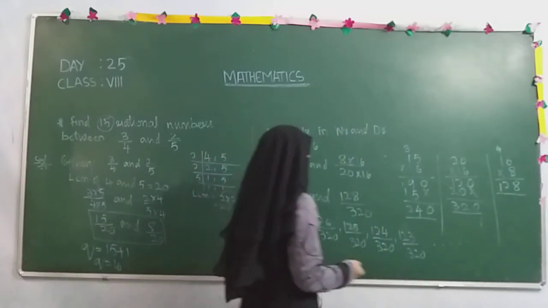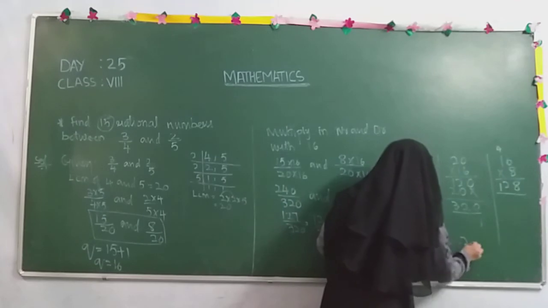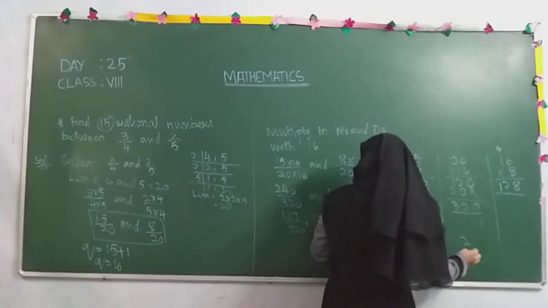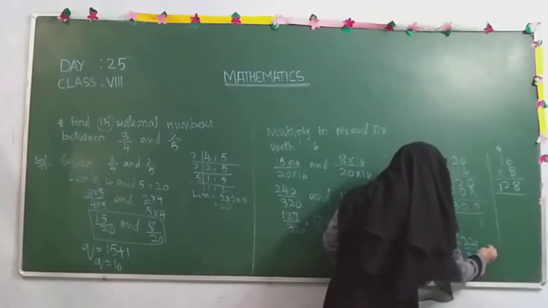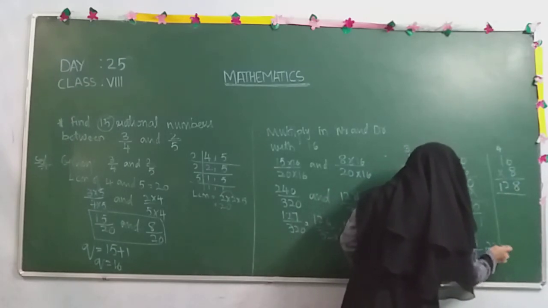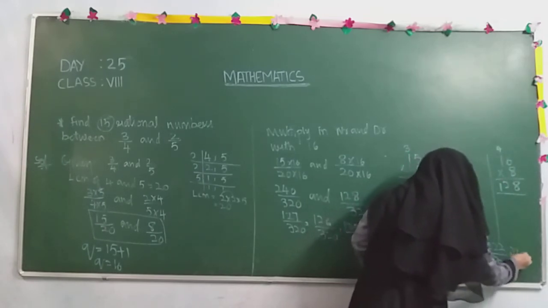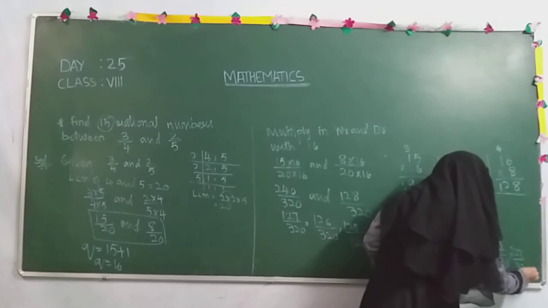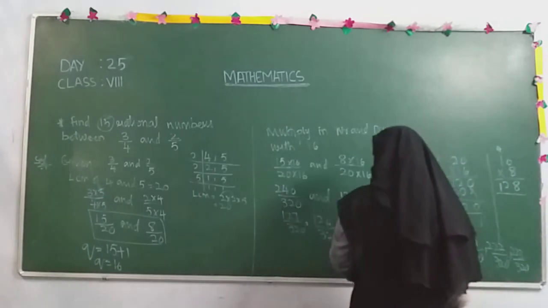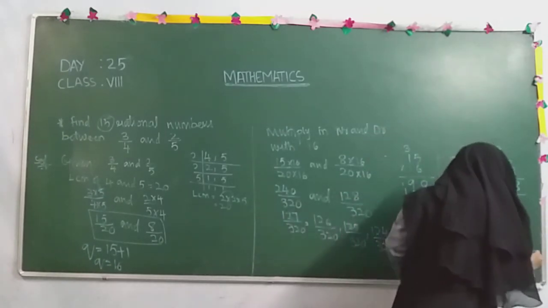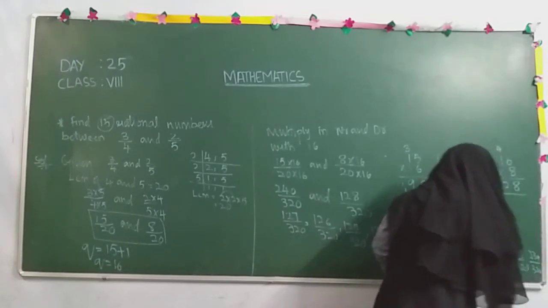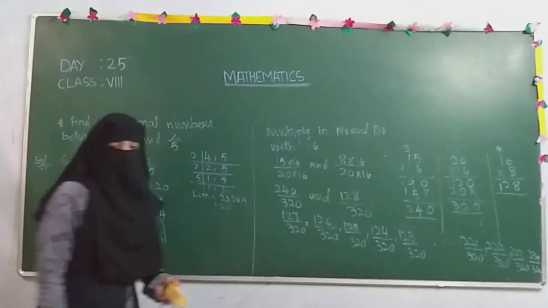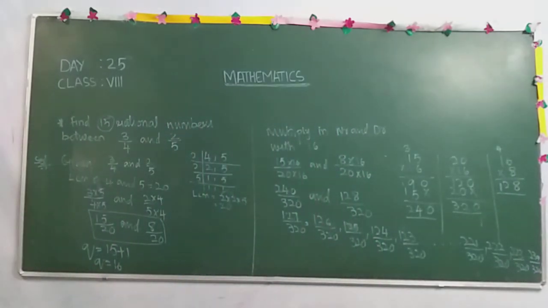You can write these numbers. Near 240, it is 221 by 320, 222 by 320, 223 by 320, and so on up to 239 by 320. Hopefully this one is very much clear to you, how to solve these problems.